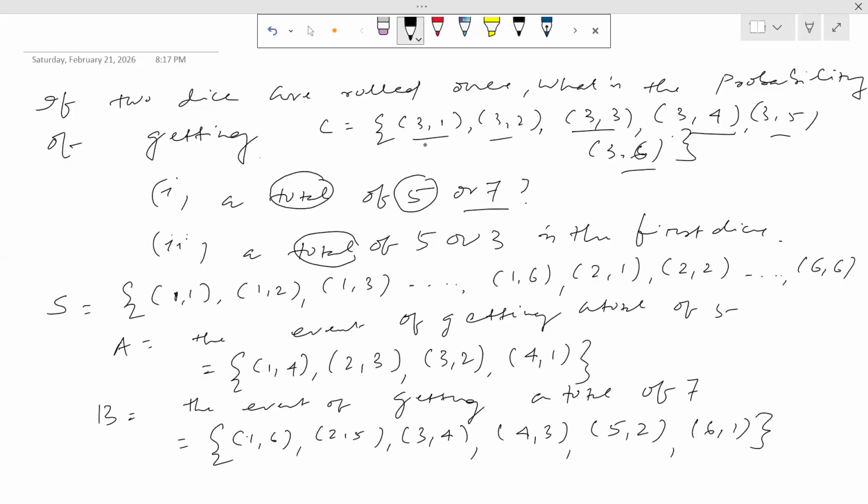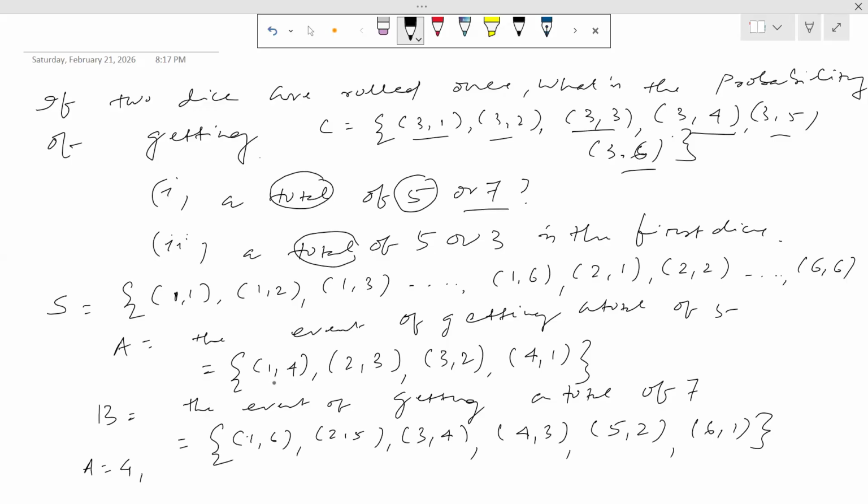Suppose I am saying this, okay, then what will happen? C is basically 3-1, 3-2, up to 3-6. Then A is basically, already we know, 4 elements are there, right?